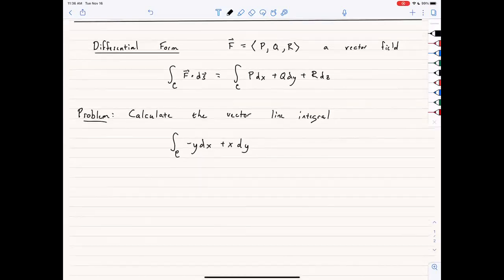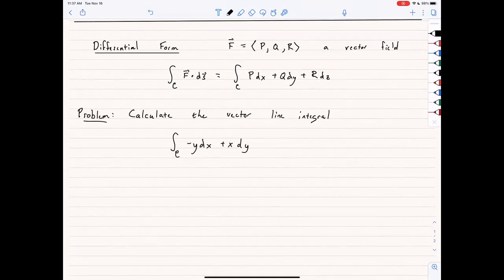The differential form I'm writing up here is for a three-dimensional vector field and a curve in three dimensions, but we'll do this in two dimensions.